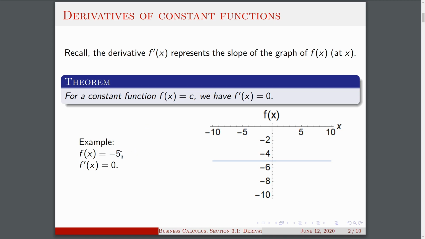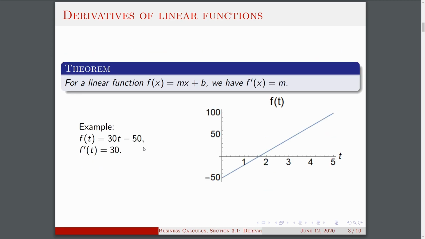Any number that I could put here. I used -5. I could choose 11. I could choose 112. I could choose negative 1.4545452. It doesn't matter. Any number, no x, derivative is 0. Got it? Okay, good.